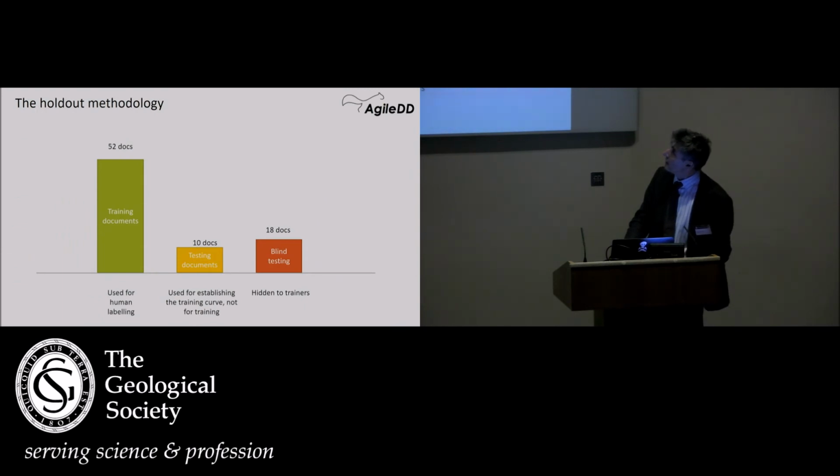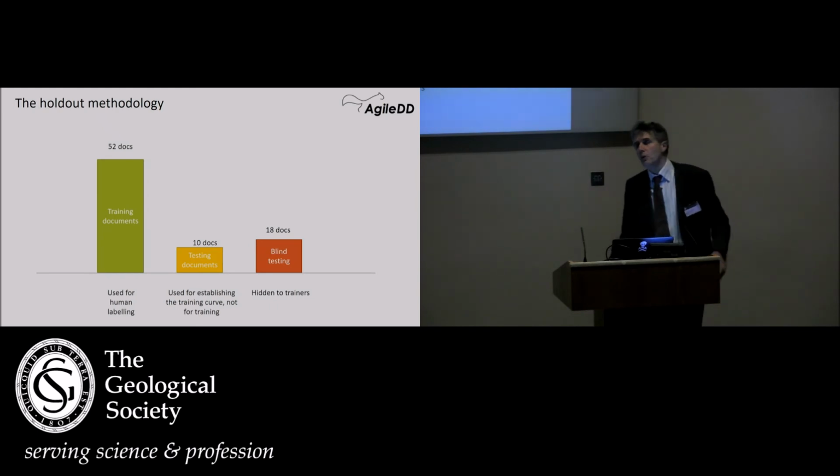and we did it in order to be able to measure what we do. One of the methods in machine learning to define the accuracy and precision of what you do is, normally, a cross-validation, but a simpler way to do that is to apply the hold-out method. So you split your documents into three packets.